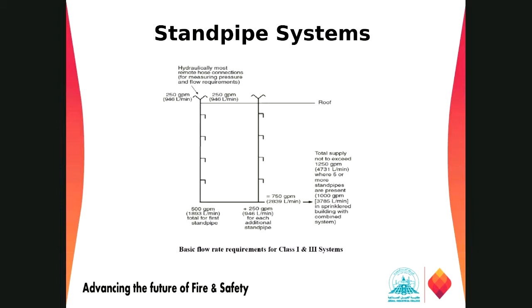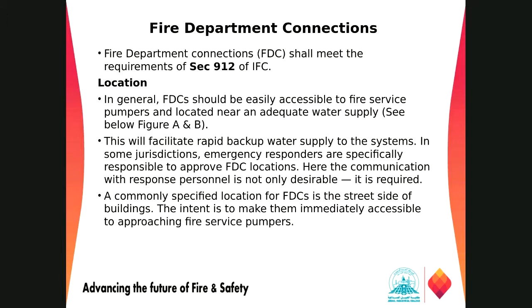So moving on to the next one, which is the fire department connection. The fire department connections shall meet the requirements of Section 912 of the International Fire Code. IFC 912 gives the requirements regarding the location of the fire department connection and the position of the fire department connection.